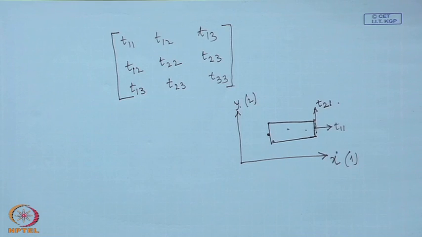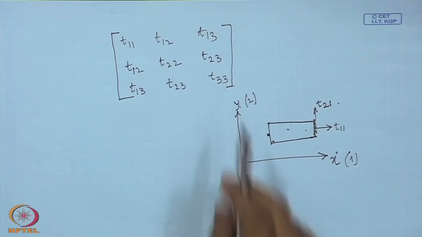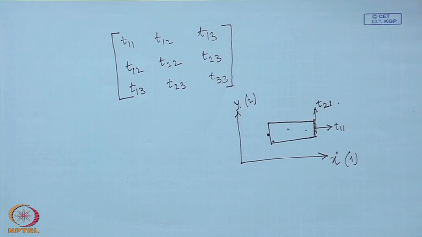Now, these off diagonal elements are all tangential stress, also commonly called shear stress, and the diagonal terms are the normal stress, and you know that normal stresses are either tension or compression.